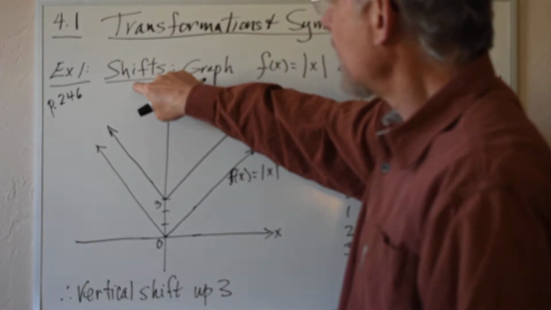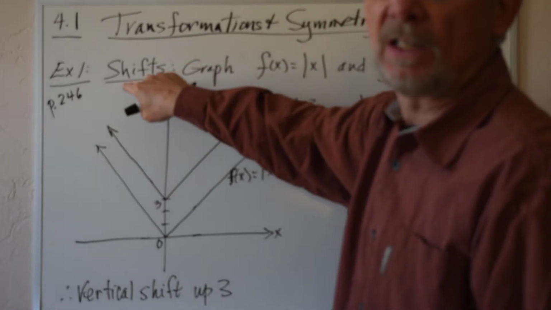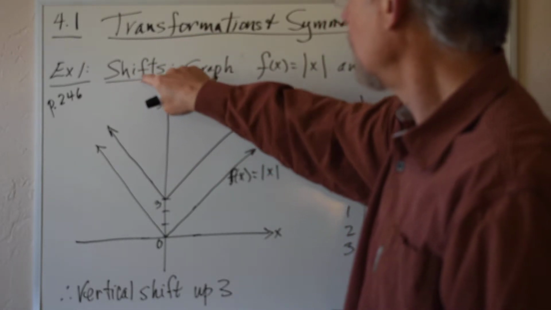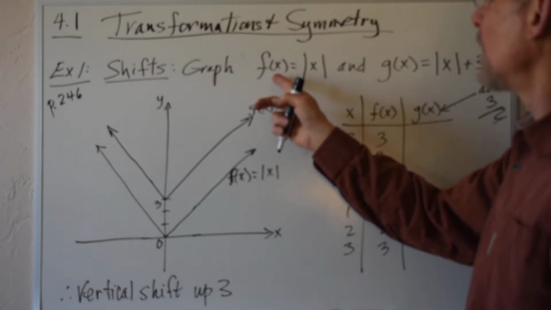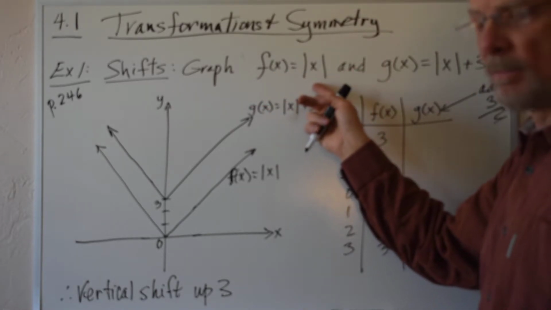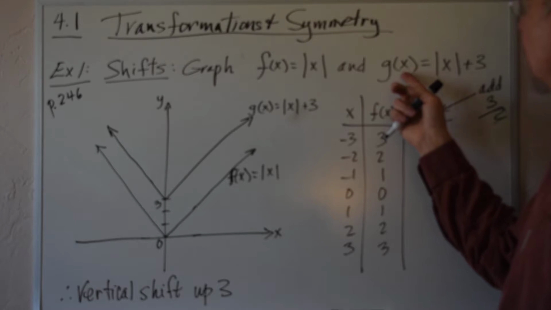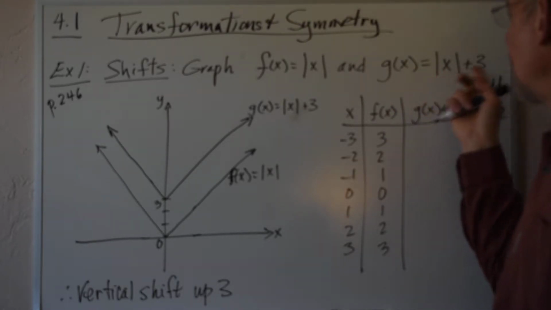One of the things that can happen to functions, one of the transformations that can happen, is a shift. So in example 1, we're asked to graph a simple function f of x equals the absolute value of x, which we've done before, and then a variation on that function, g of x equals the absolute value of x plus 3.